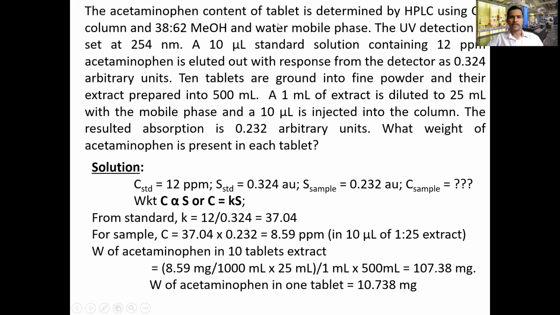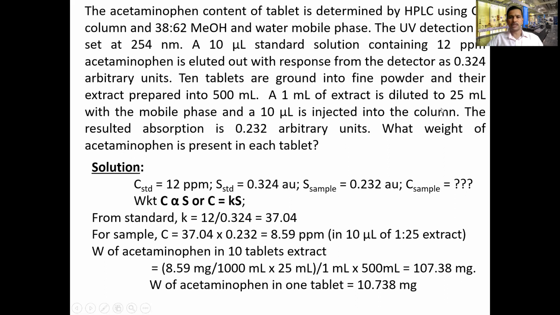The acetaminophen content of a tablet is determined by HPLC using an acetylsilane column and 38:62 methanol and water as mobile phase. The UV detection is set at 254 nanometer. A 10 microliter standard solution containing 12 ppm acetaminophen is eluted out with response from the detector as 0.324 arbitrary units. 10 tablets are ground into fine powder and their extract prepared into 500 ml.